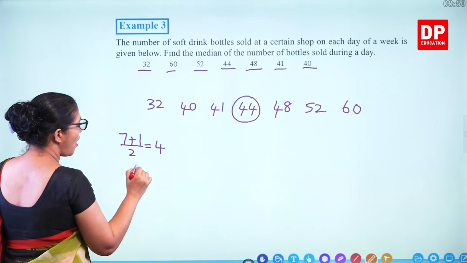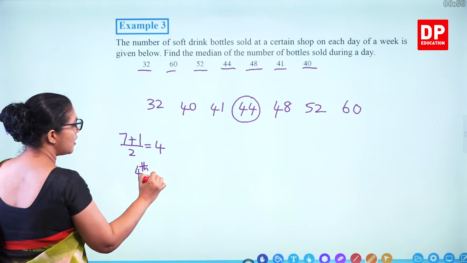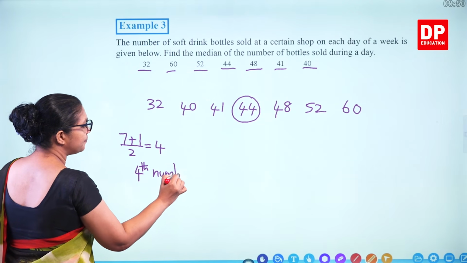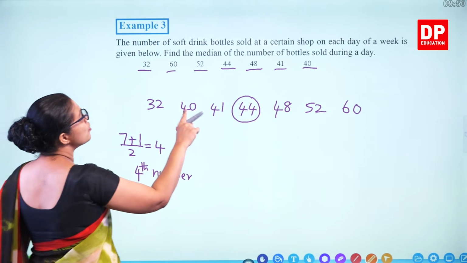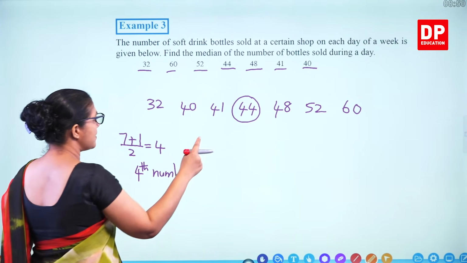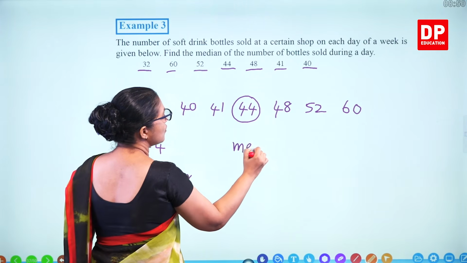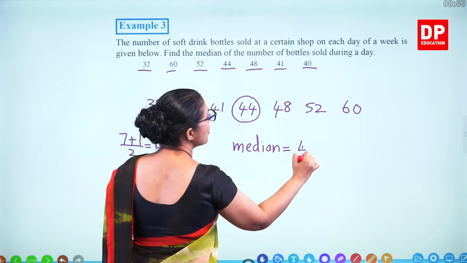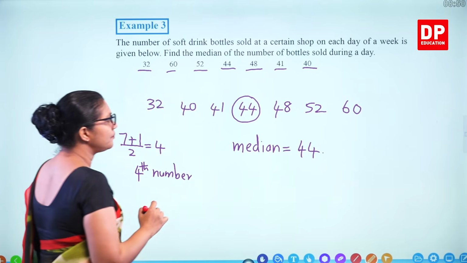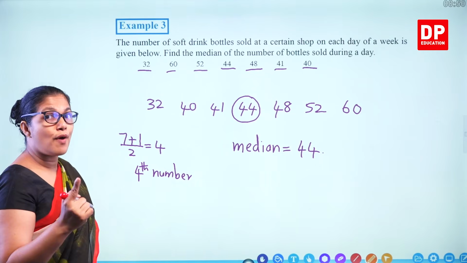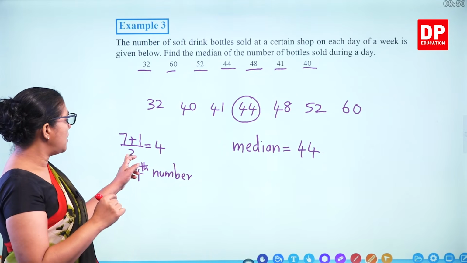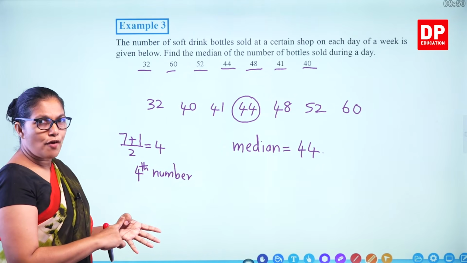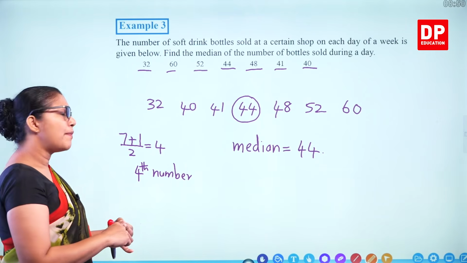That means you take the fourth number as the median. 1, 2, 3, 4. The fourth number, 44, is the median. So you add 1 because it's not divisible by 2: number of terms plus 1, divided by 2.